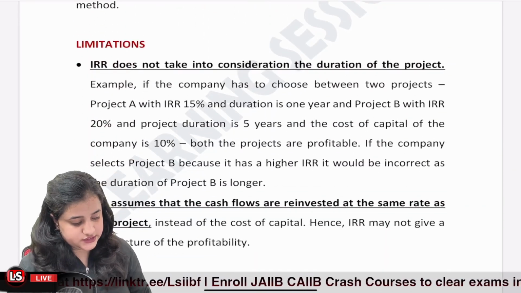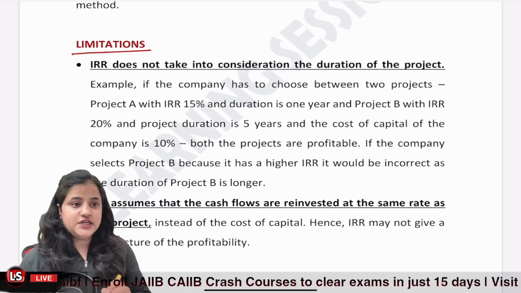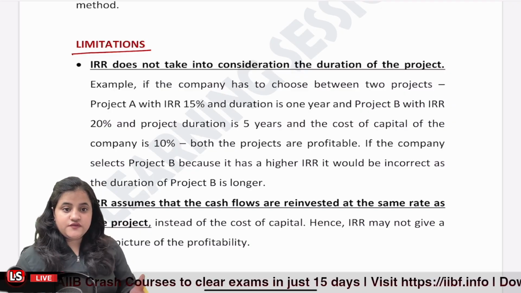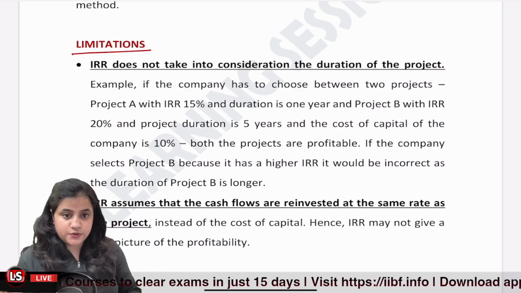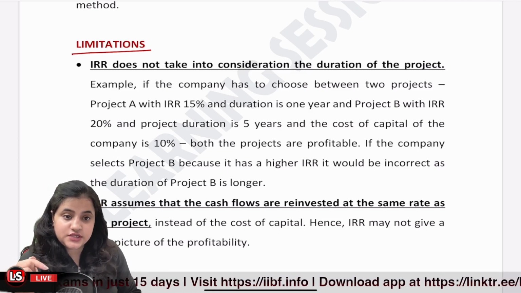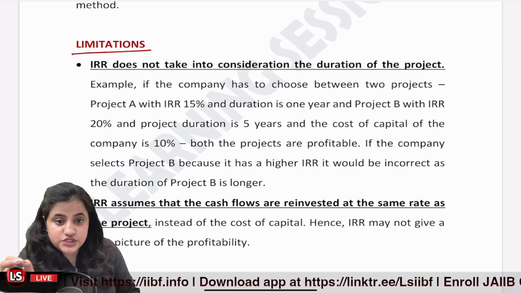Now we're going to discuss some limitations of IRR. First limitation of IRR is that even though we have calculated the return on the projects, and we will only invest in the project which is giving higher return, one thing we are ignoring is the duration of investment.